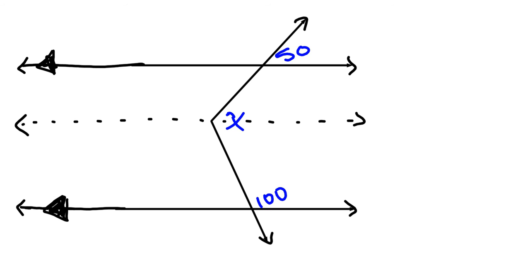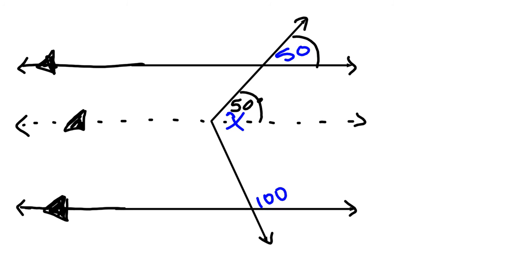If I have constructed a line that is parallel, then this 50 degrees is a corresponding angle to this angle right here, so it also has to be 50 degrees.